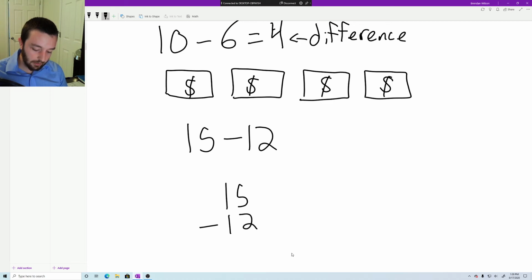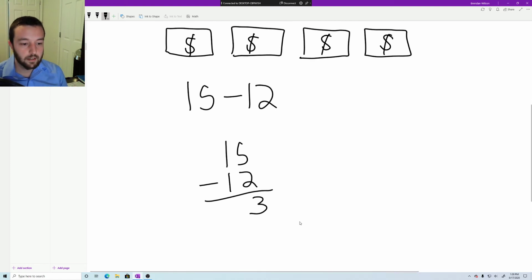15 minus 12. Well, if we subtract the ones, if we have 5 ones in the first one and 2 ones in the second, then the difference between them is 3. Now, if we have 1 ten in both of them, then when we subtract, we get 0.